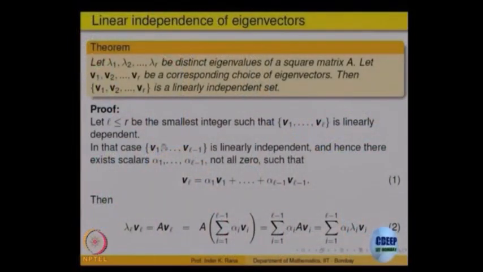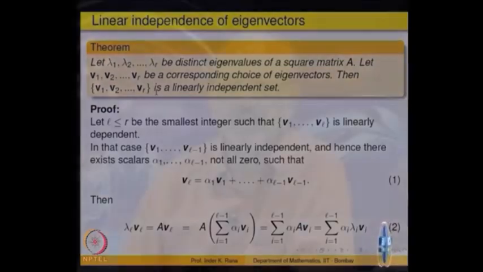So the theorem says that if lambda 1, lambda 2, ... are distinct eigenvalues of a square matrix and you pick an eigenvector for each one of these eigenvalues, V1, V2, ..., Vr, then that is a linearly independent set. That means the eigenvectors corresponding to distinct eigenvalues are linearly independent.